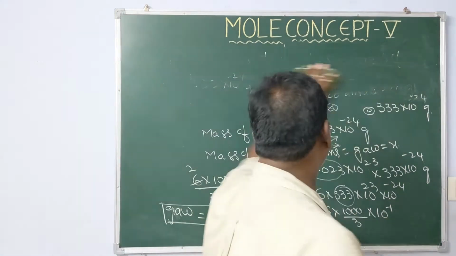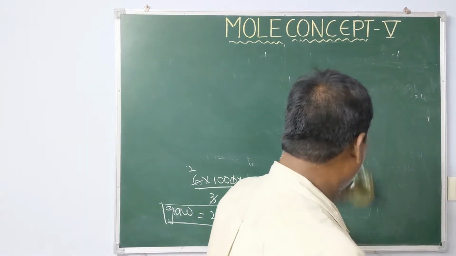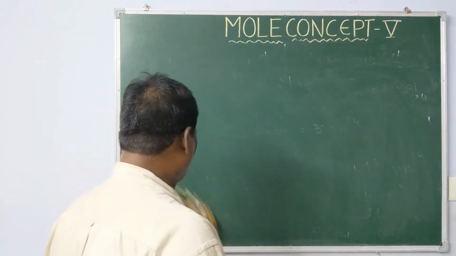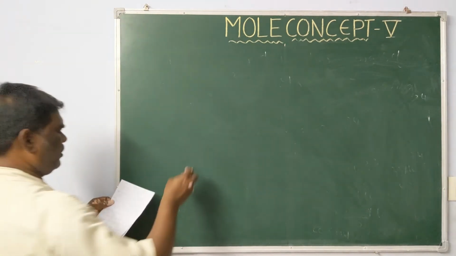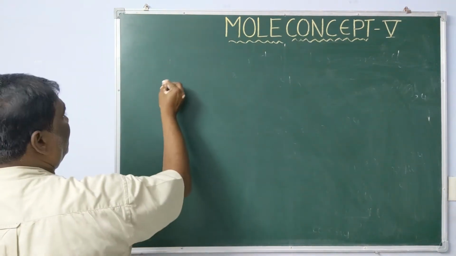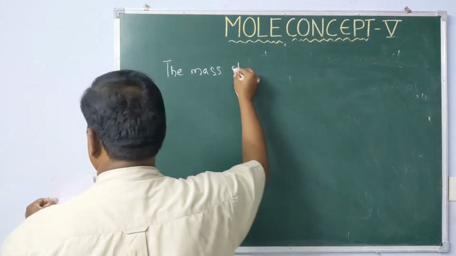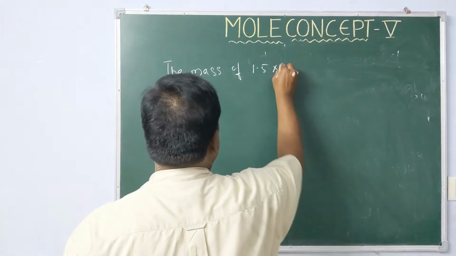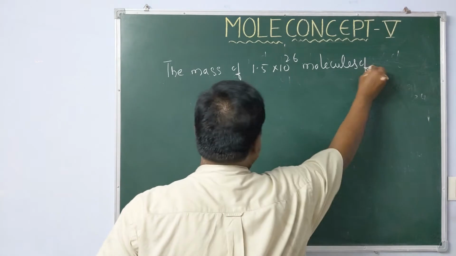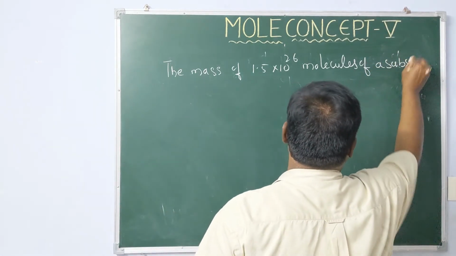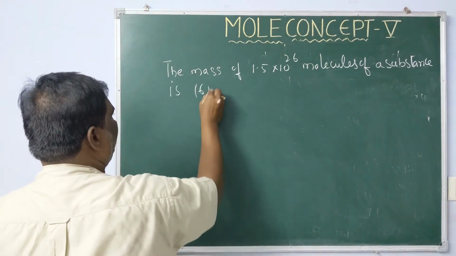The next problem is: the mass of 1.5 into 10 power 26 molecules of a substance is 16 kilogram.